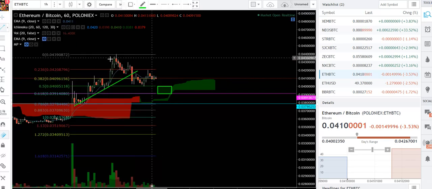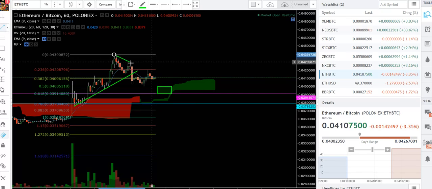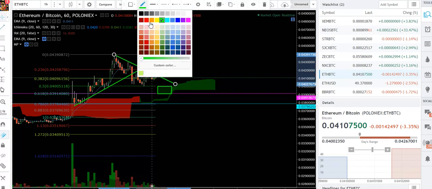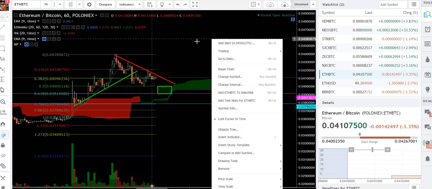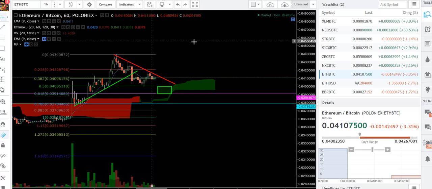So here we could break the price down again and say, okay, we made a high here, a lower high, another lower high. So let's drag this line right over here and paint it red, where that's now our resistance. Okay, so now we've basically done the same thing. We trapped the price between 2 points where it's either got to show itself to us.